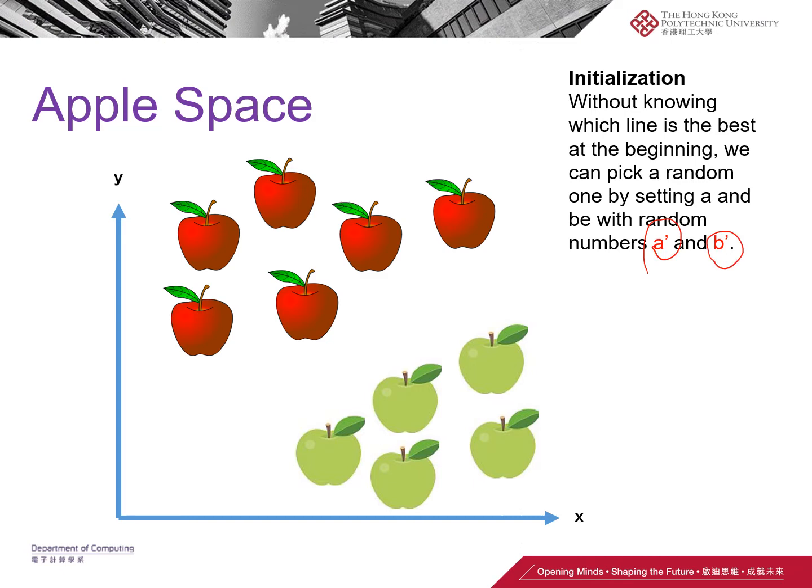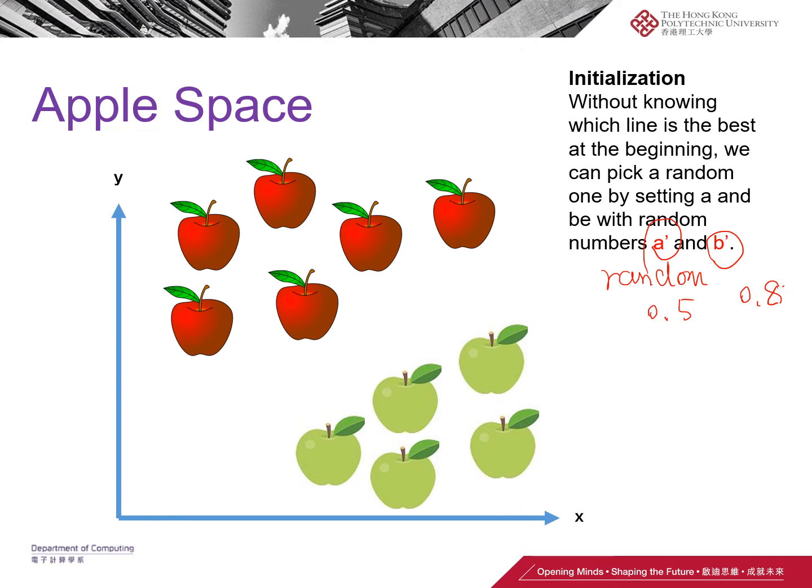This can be easily done by using the random functions defined in programming languages. For example, it will probably give you something like 0.5 and 0.8. I just randomly put that in. For any given A and B, it defines a line in that space.